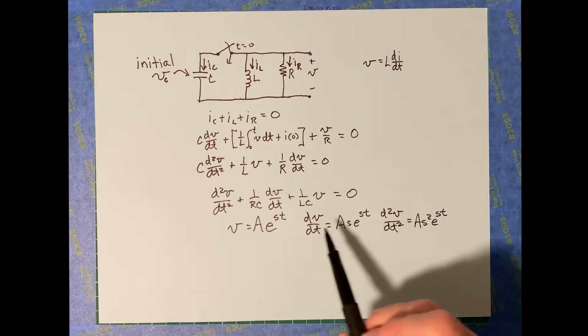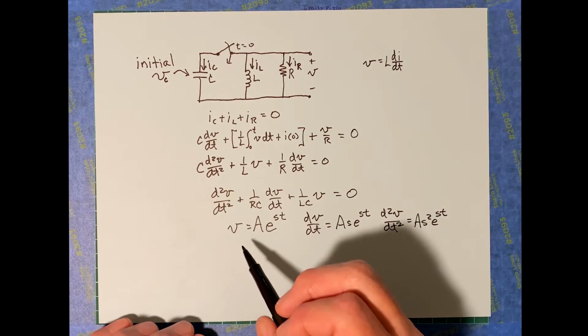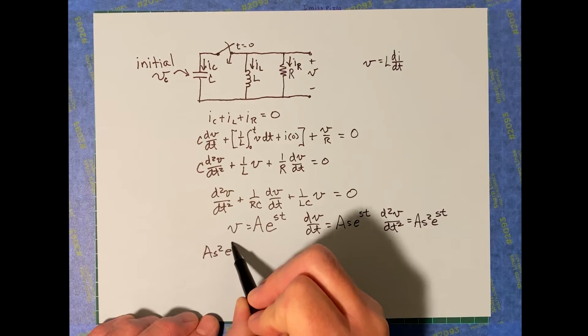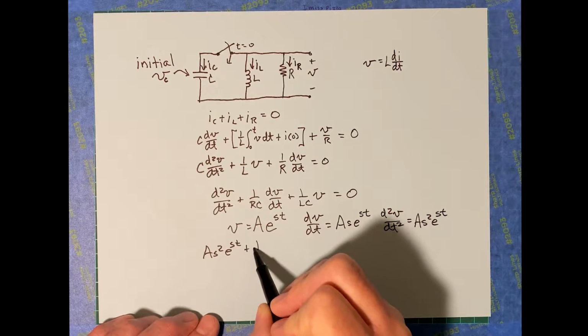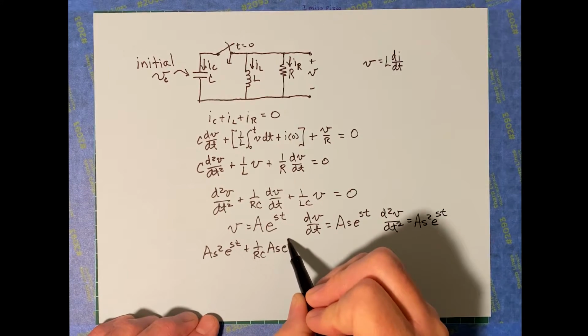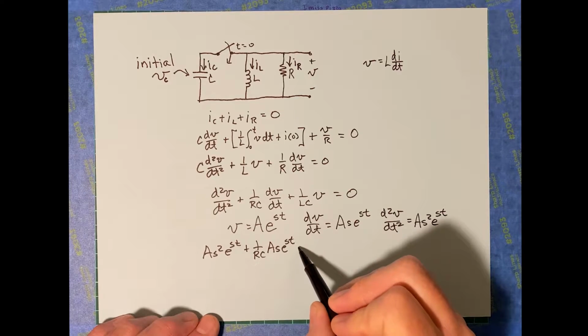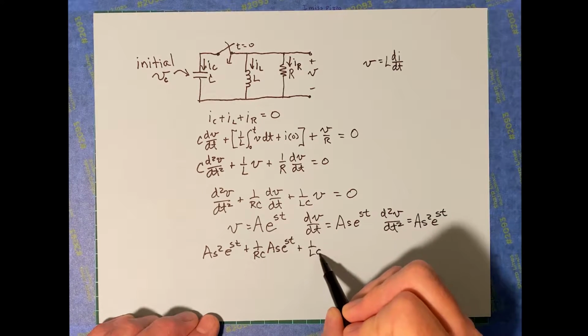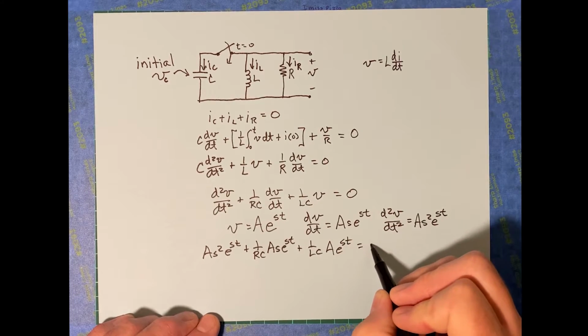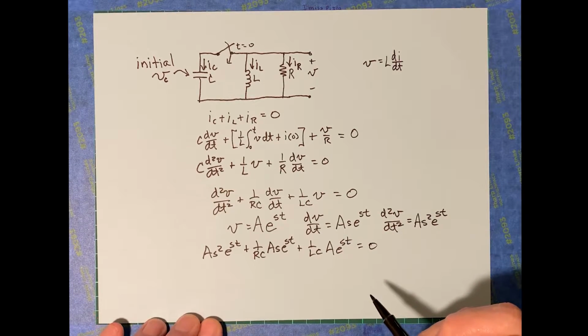All right, now let's take these and plug them back in. What am I going to end up with? We're going to have a s squared e to the st plus 1 over RC a s e to the st plus 1 over LC a e to the st, and that has to sum up to be 0.